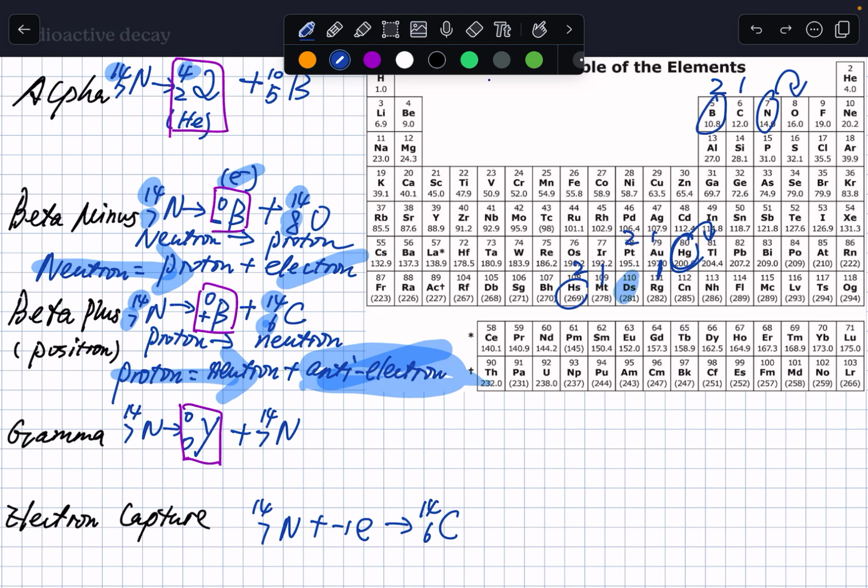And then beta plus is counting 1 atom backward, okay? So if DS was the original atom, after beta plus decay, I have this MT as my new atom, okay? And then gamma is just the same. And then electron capture is the same as beta plus, so you go 1 atom backward. If it was DS that goes through electron capture, you will get MT, okay?